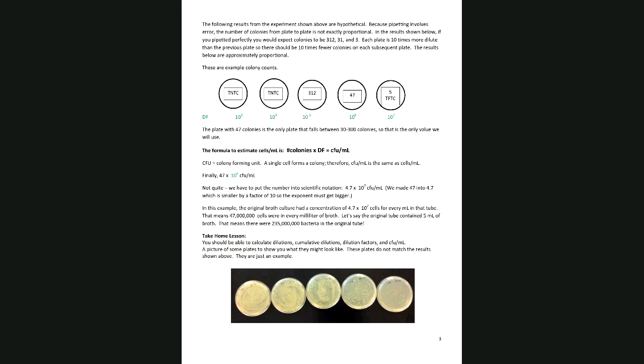Now, one of the other things that we do in the face-to-face class, which we're not doing here, is that you would also take your original stock solution and you would measure the absorbance in a spectrophotometer. And so there is a lab that has created a calculator where you can enter the absorbance value for your culture, and it gives you an estimate of CFUs per milliliter based on that absorbance value.